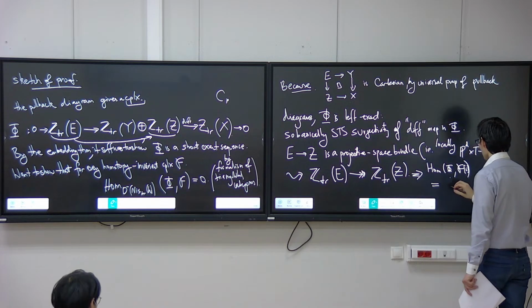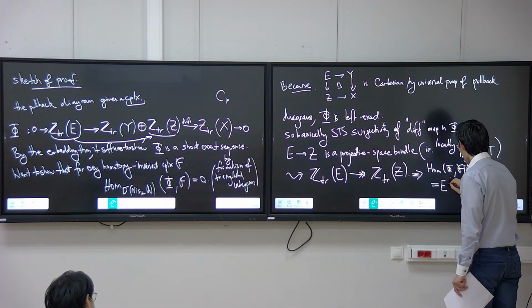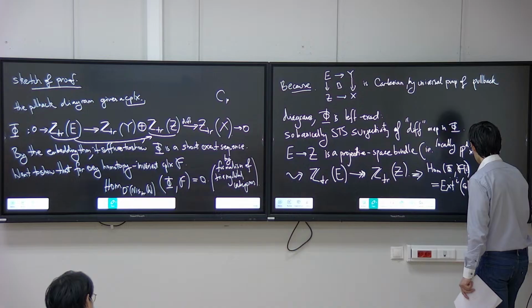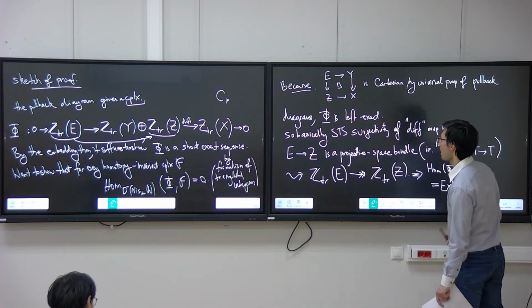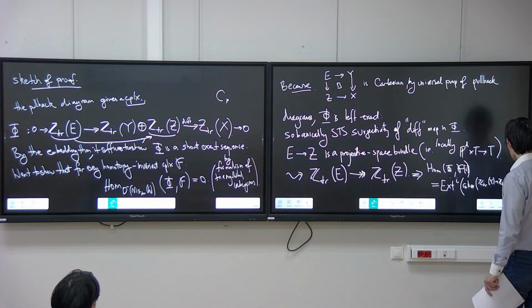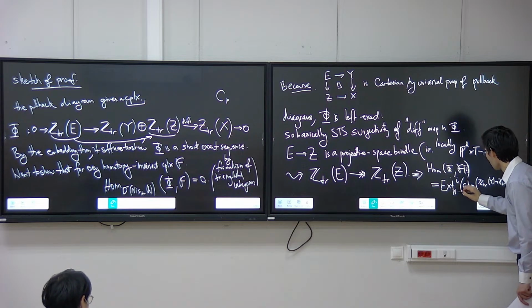What I meant to say was not the H^i Nisnevich, but just the Ext^i of the co-kernel of ZTRY to ZTRX, so the map that remains, with respect to F, in the Nisnevich site.